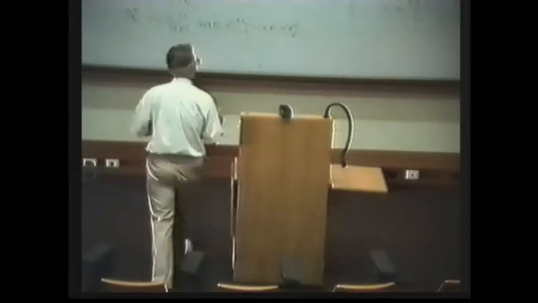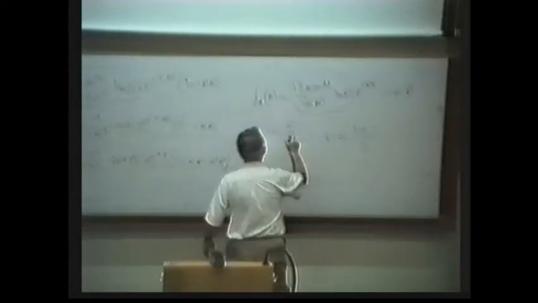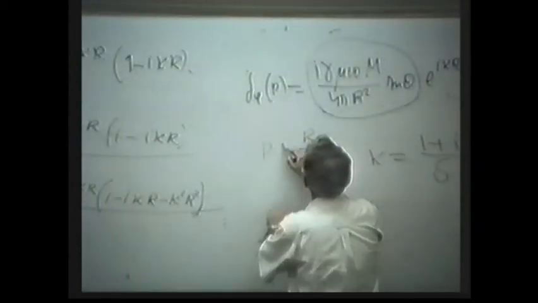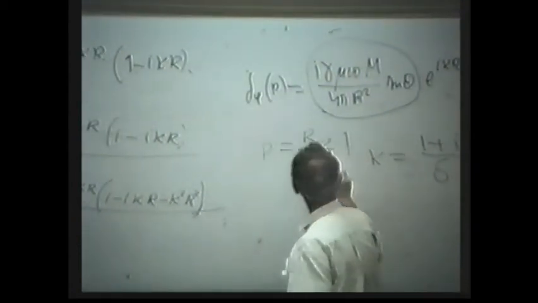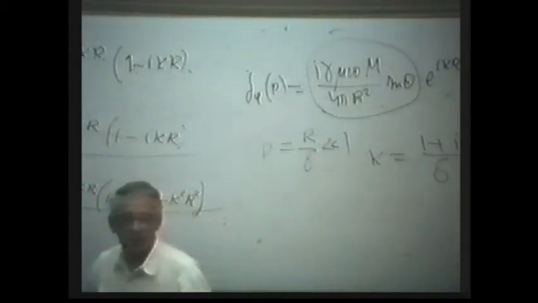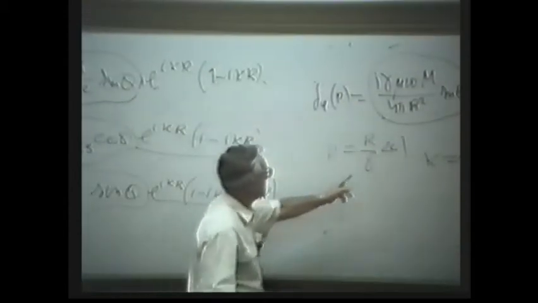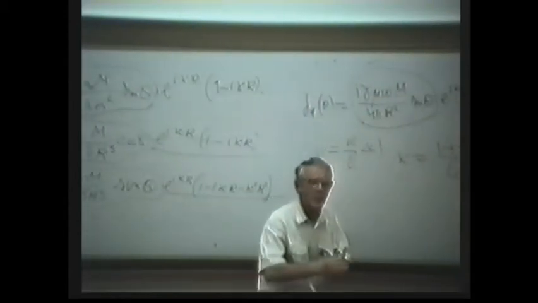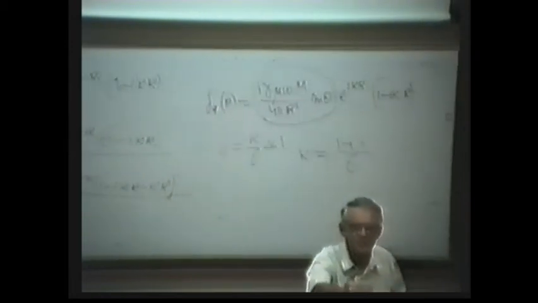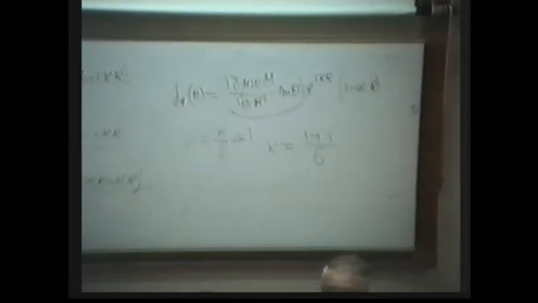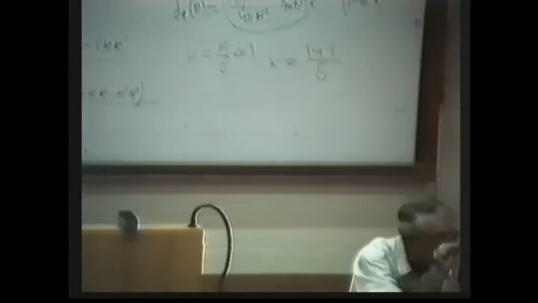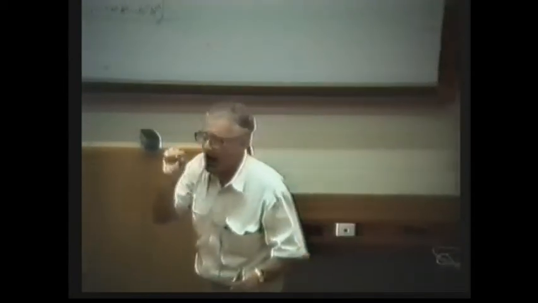This ratio R over delta, I'm sorry, I didn't write it correctly, must be less than one, as you said. For example, 0.1, 0.2, a small number. If this quantity is small, in other words, the skin depth is greater than the distance where we are studying, then the electrical field practically coincides with the primary electrical field.